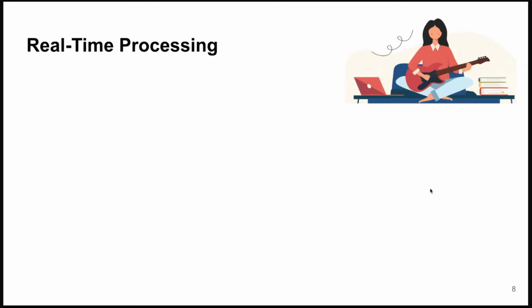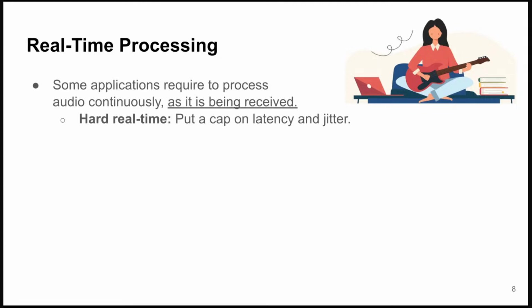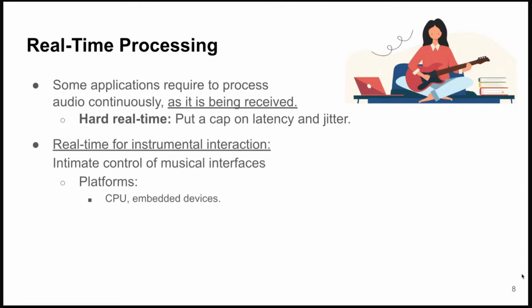Well, Jatin, do you want to say something about real-time processing then? Sure thing. Generally, if you're thinking about something like phone call processing or audio effect processing, you have the situation where audio is continuing to come in as time passes. You have new audio that you need to process as it's coming in and spit it back out as it's coming in.